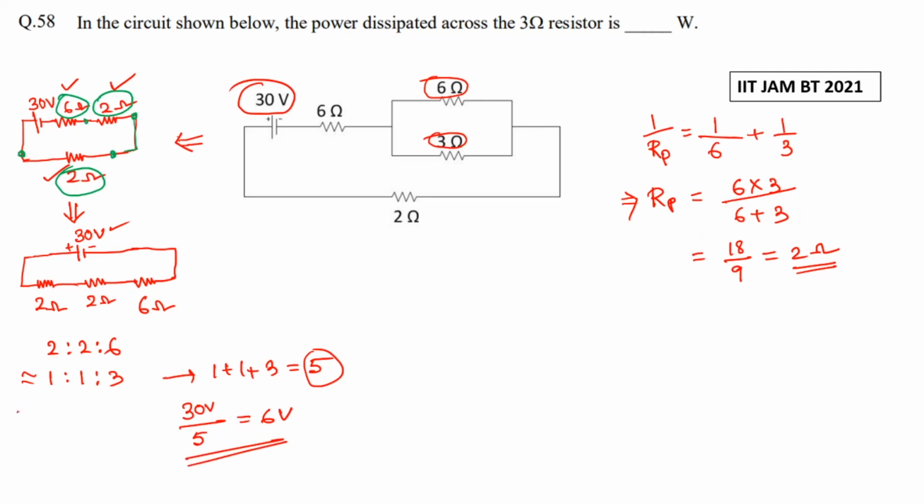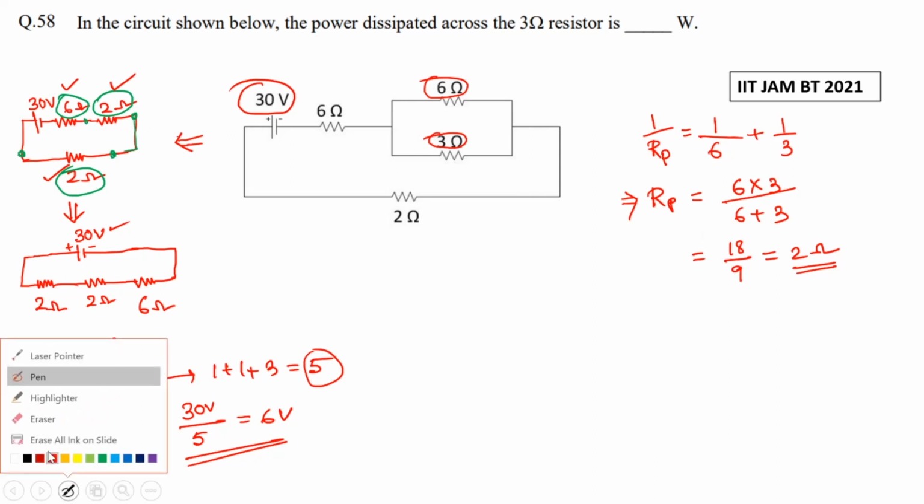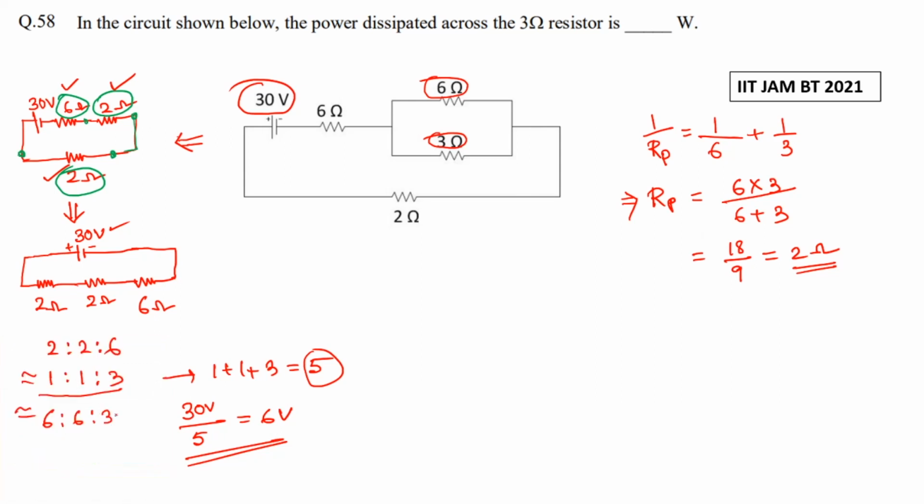So we can simply write this 1:1:3 as 6:6:18. For your better understanding, we can write it as 1 into 6, 1 into 6, and 3 into 6.